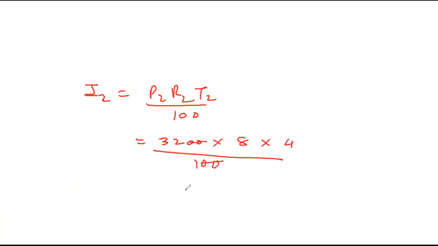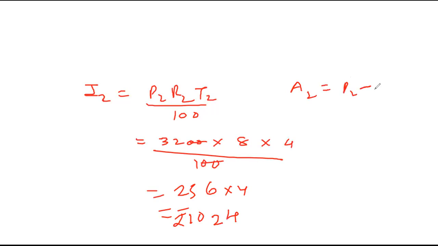Upon 100, 2 zeros cancel. 8 2s are 16. 8 3s are 24. 256 into 4, that is 1024. This much rupees is the new interest. So the new amount will be P2 plus I2, 3200 plus 1024, that will become 4224. So that is the 14th one.